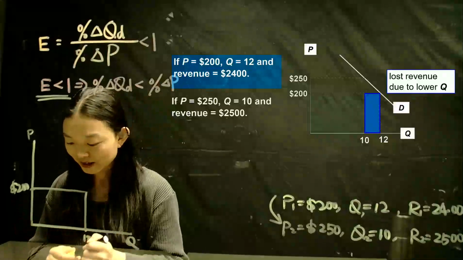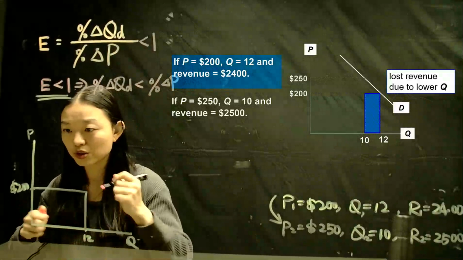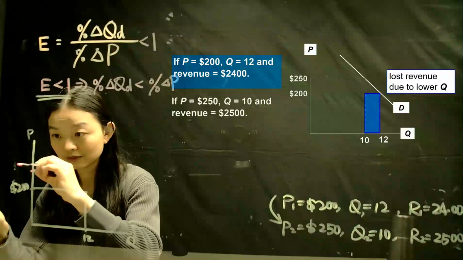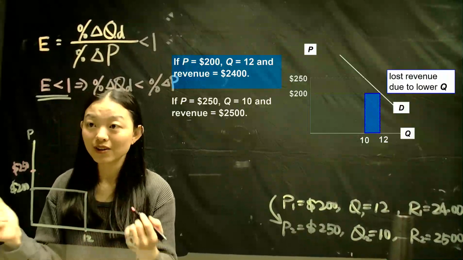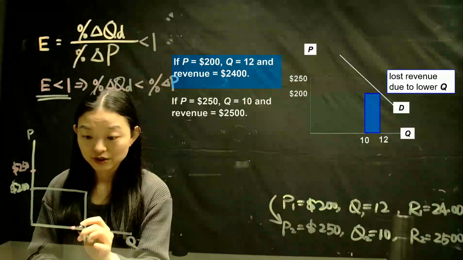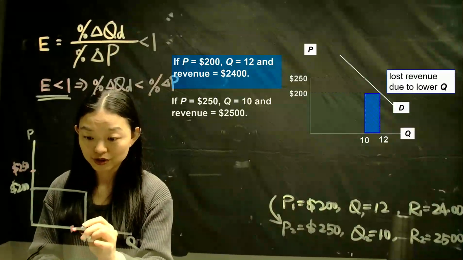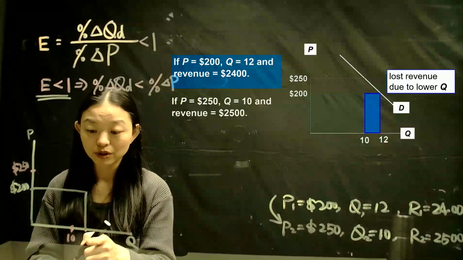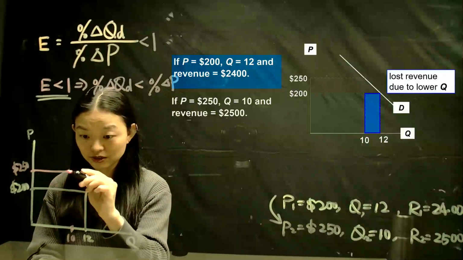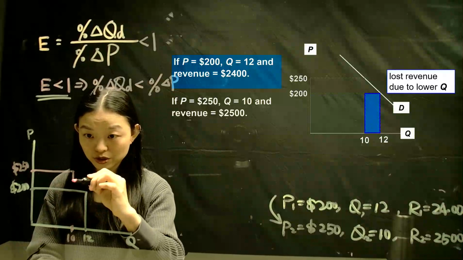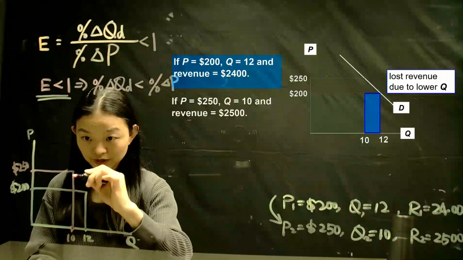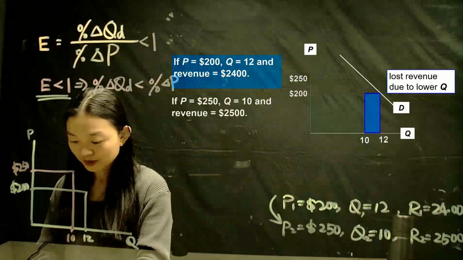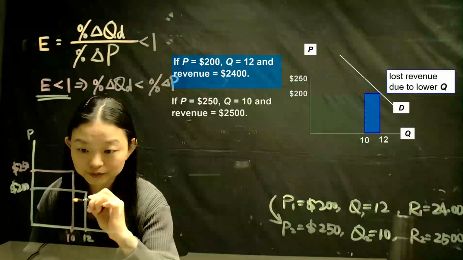And if now the price increased to 250, we know consumers are not sensitive to price change. So the total quantity just decreases to 10. Then you can see this part.